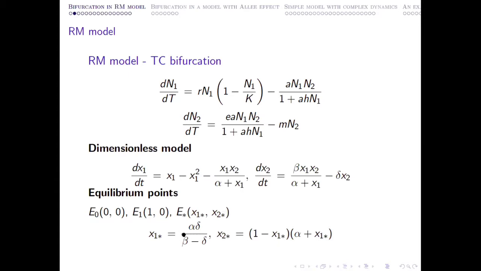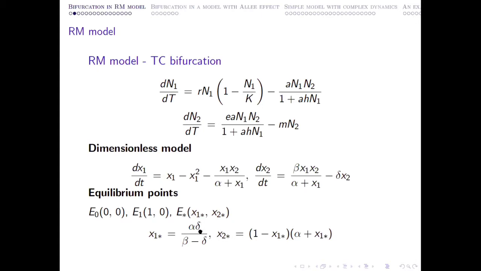Now, if you look at the expressions for equilibrium point a little bit closely, then immediately you can observe one interesting fact. Just try to think about what happens if your x1* is equal to 1. So if your x1* equals 1, then this will be equal to 0, right?